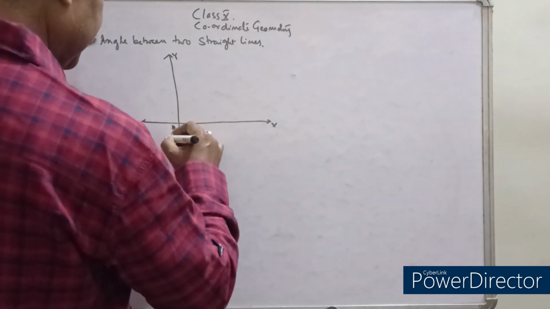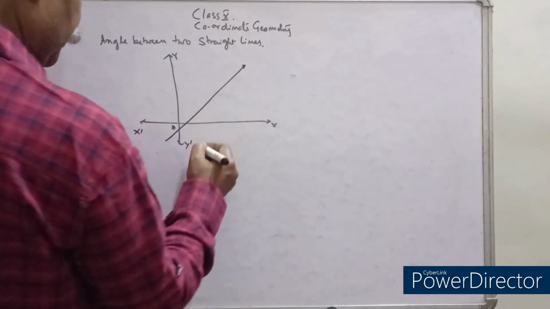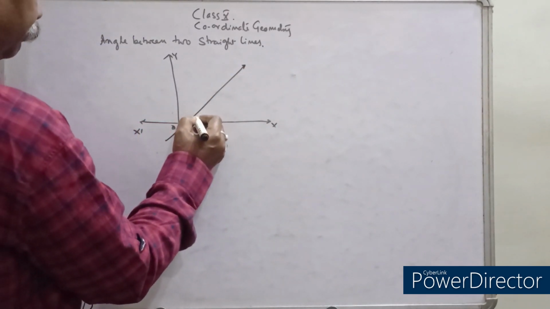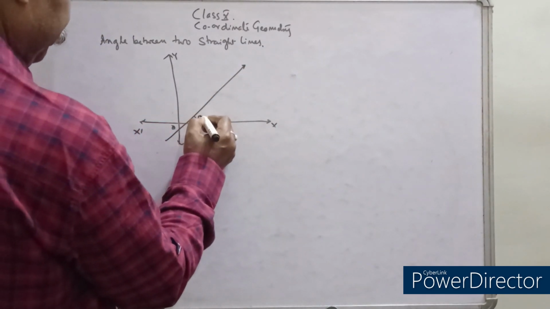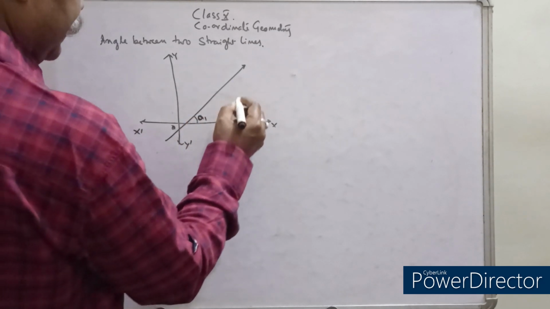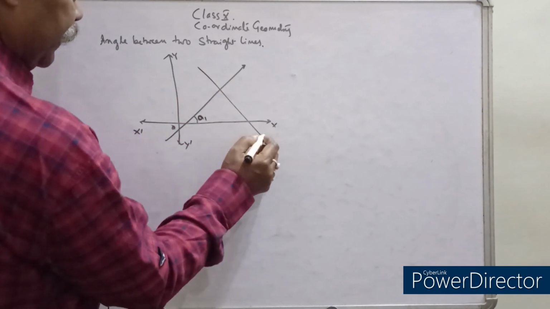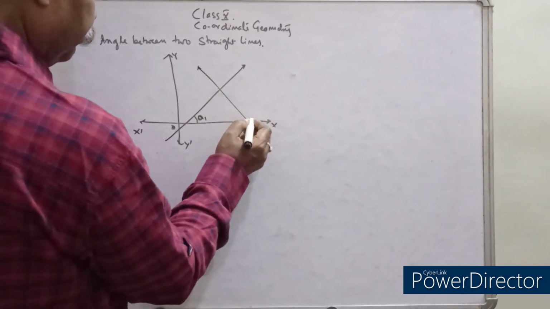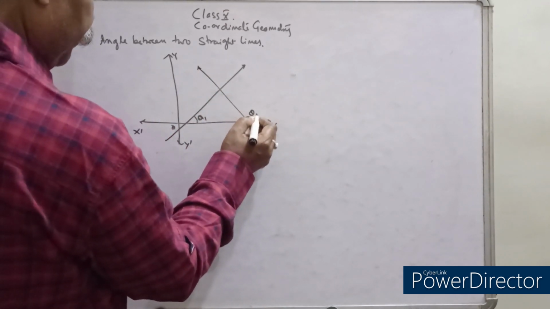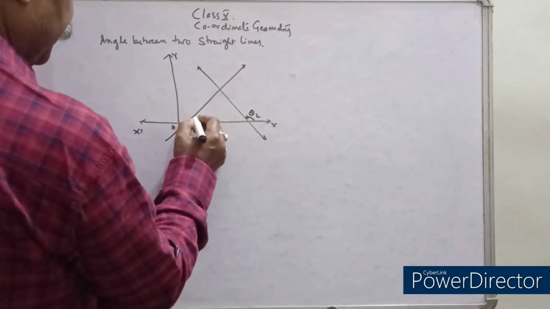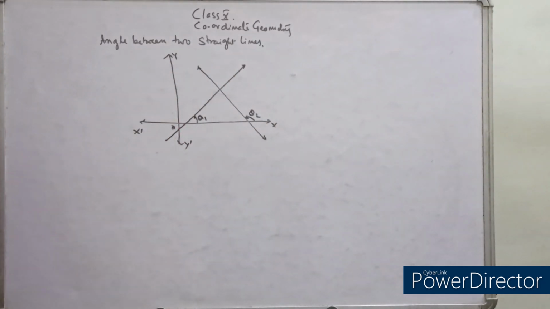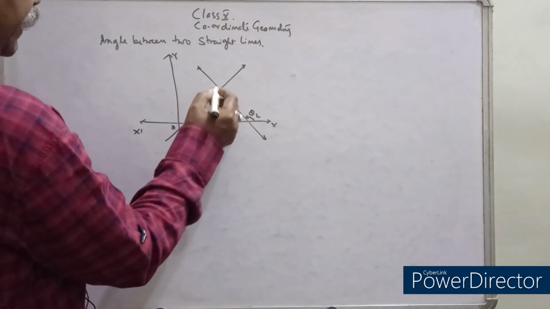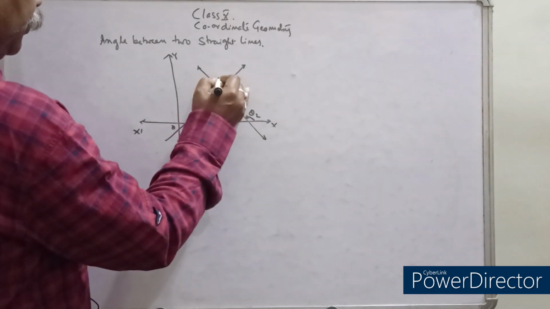Let us consider a straight line which is making some angle, say theta 1, and there is another straight line which is making an angle, say theta 2. This is the angle of inclination, which is considered in anti-clockwise direction with the x-axis, and let the angle made between the two lines be theta.